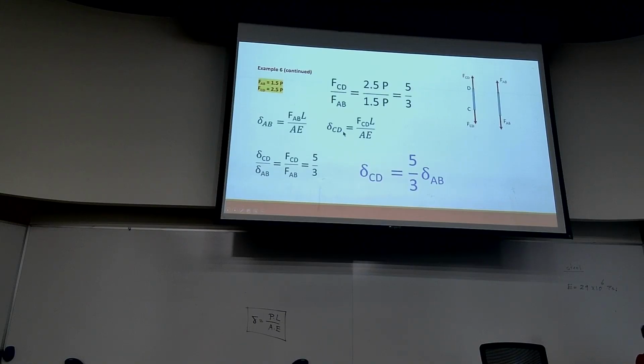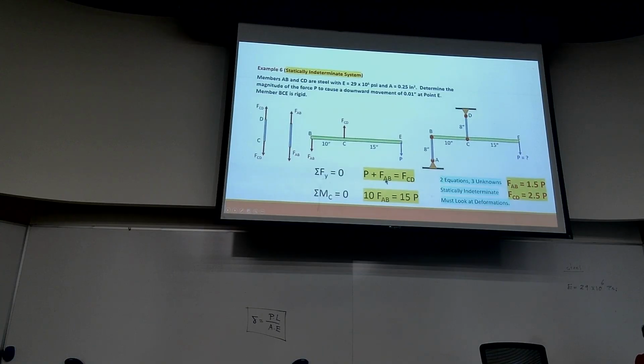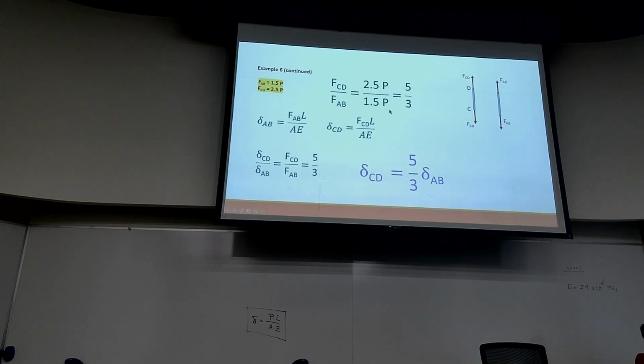So given that these 2 equations came from statics, obviously this one says that FAB is 1.5 P. If you plug that here, we find that FCD is 2.5 times P. So the ratio is 2.5 divided by 1.5, which is 5/3. So elongations are force times length divided by AE.